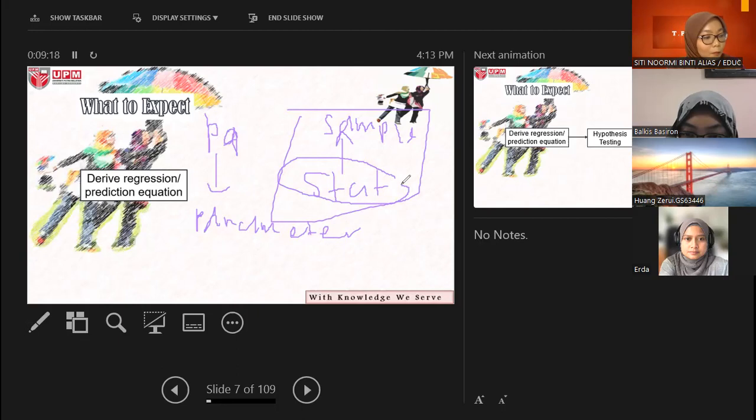Because random sampling is one of the significant principles in quantitative study. We must select the sample properly, because a larger sample does not mean that we select our sample correctly.